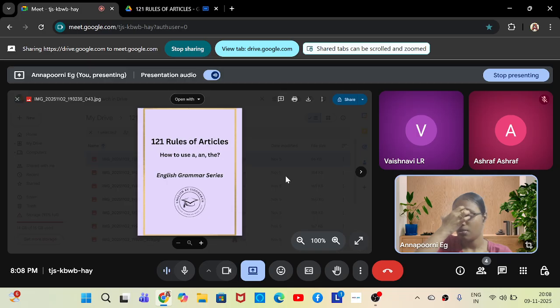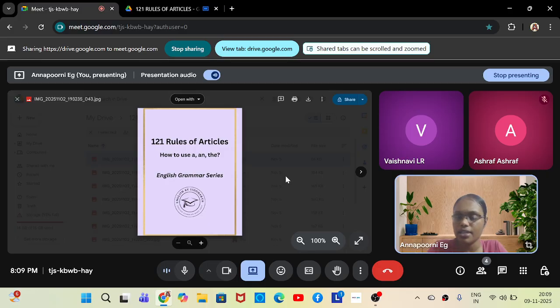Very good. So these three articles are divided into two types. First type is called definite article, and the second type is called indefinite articles. There is only one definite article. Totally, there are only three articles, right? Out of that, one is a definite article, the other two are indefinite articles. So the is the definite article.